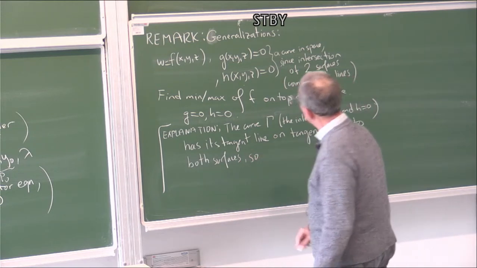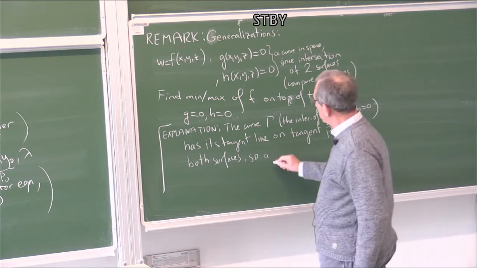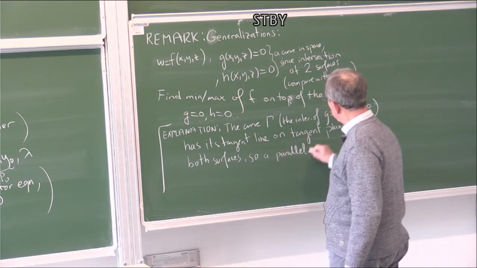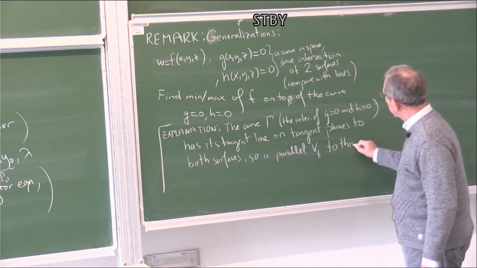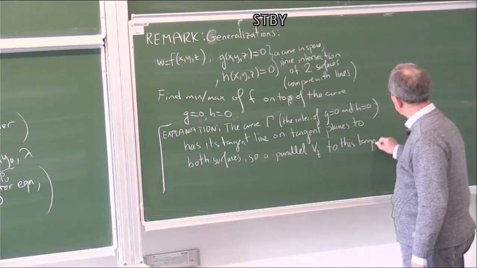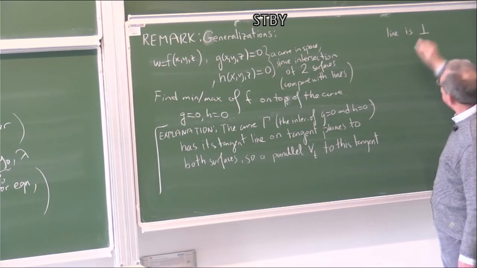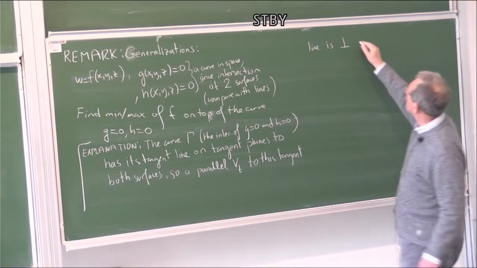So a parallel vector Vt to this tangent line is perpendicular to the normals of these tangent planes.